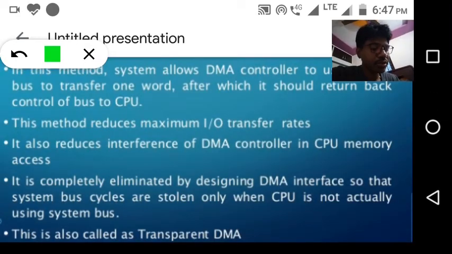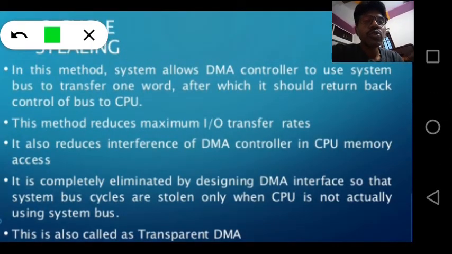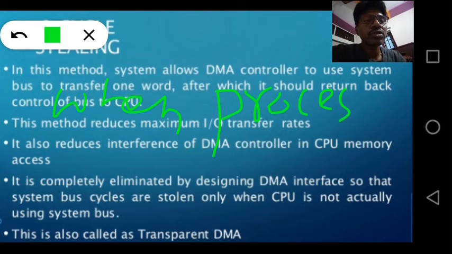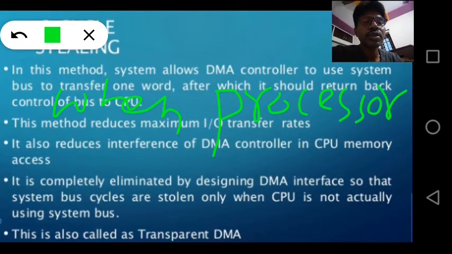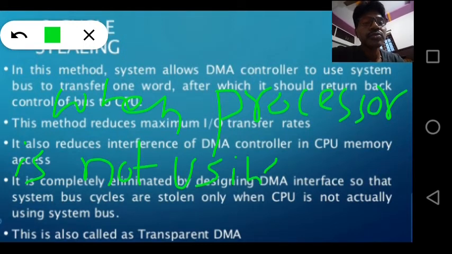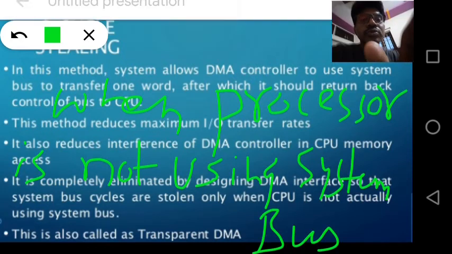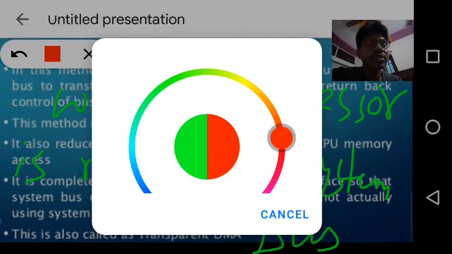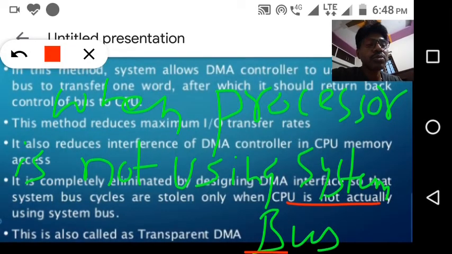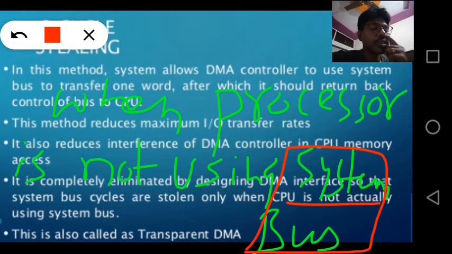When the processor is not using the system bus, so can you guess when the processor will not use the system bus?